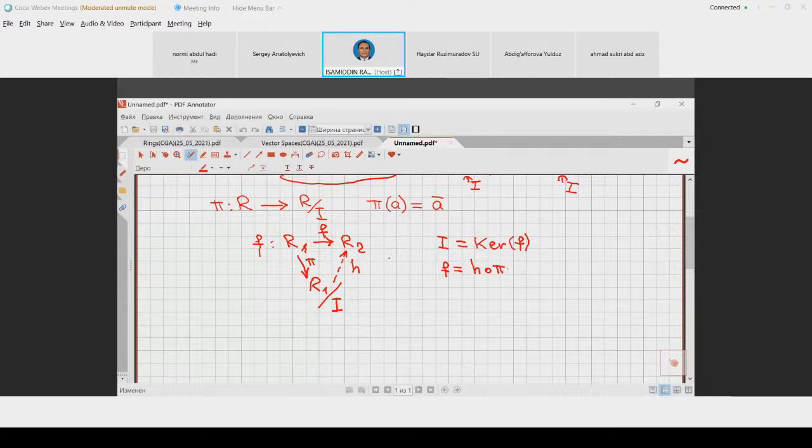Any such homomorphism from R1 to R2 can be written as a composite of these two homomorphisms. There exists a unique such homomorphism H.